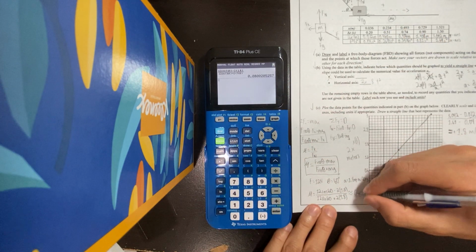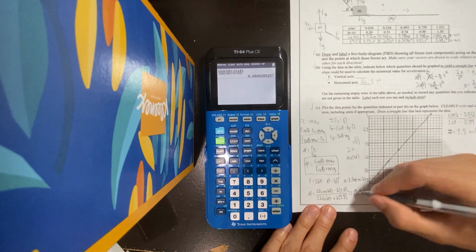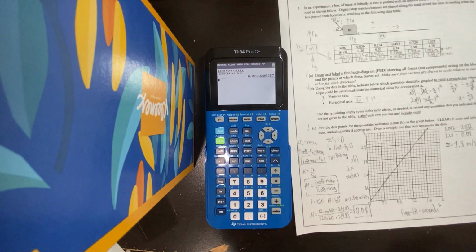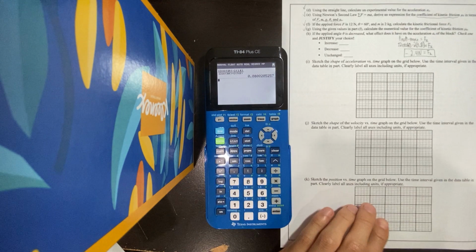And the mu is going to be 0.08. And that's how you find the G, as you solve G.